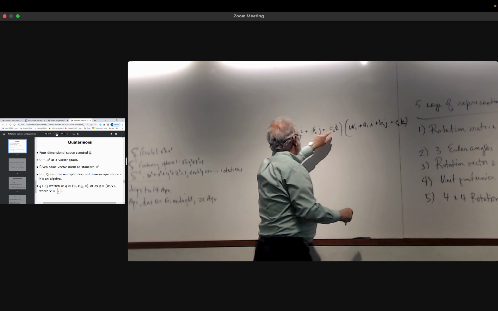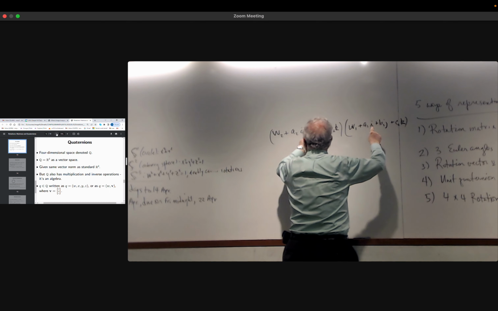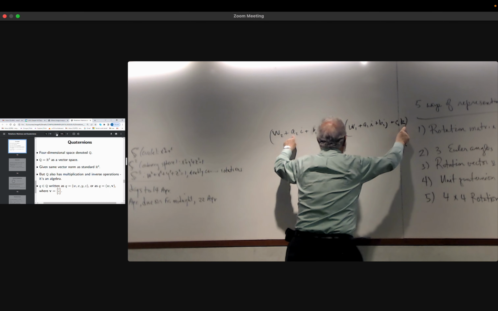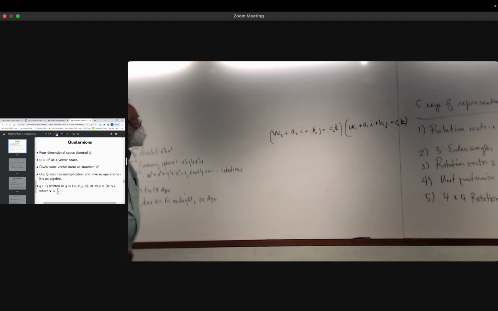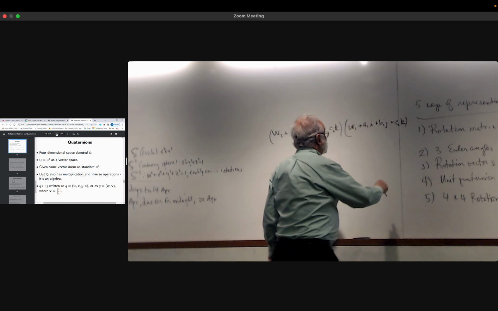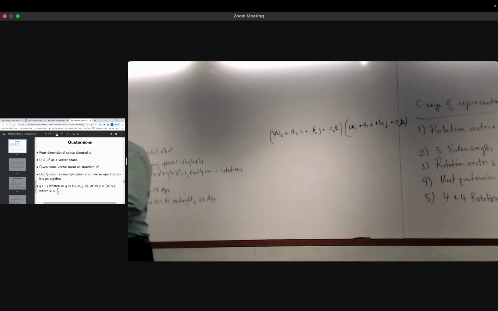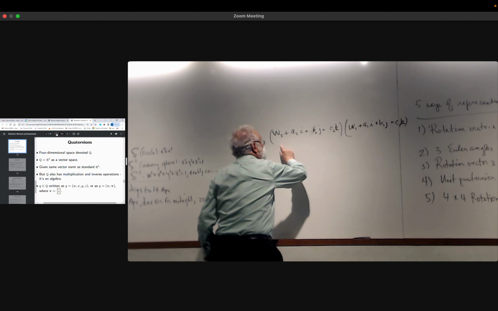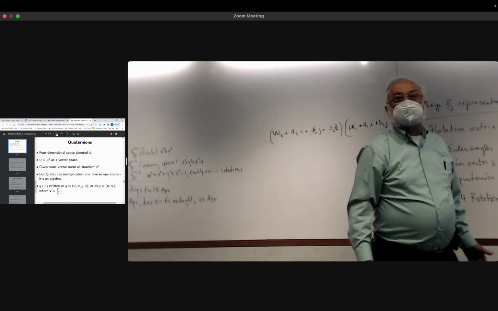And I was doing A2i times C1k, which is going to give me A2C1 times i times k. This quaternion has 1s in its coefficients, this one has 2s. The point is that you're going to get 16 terms.